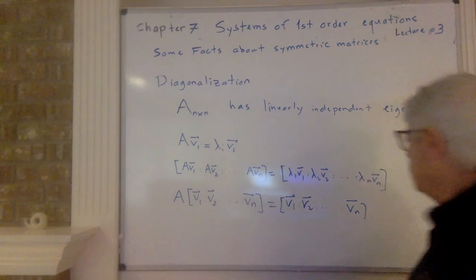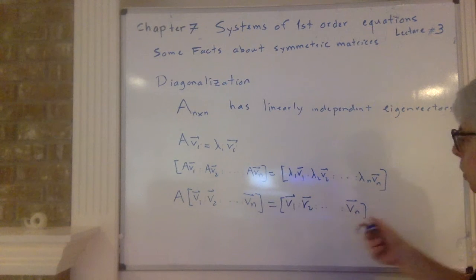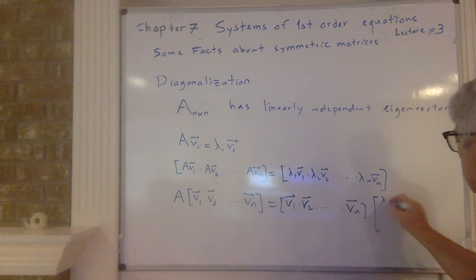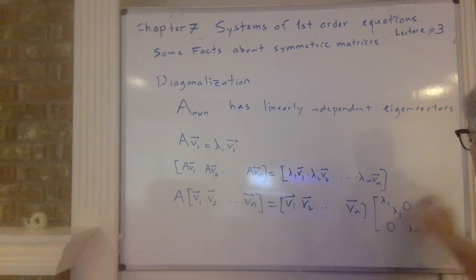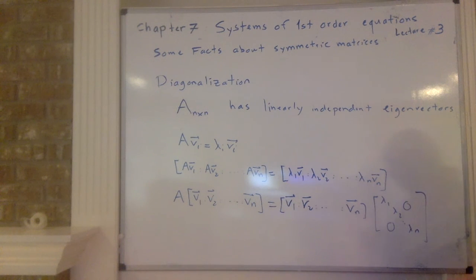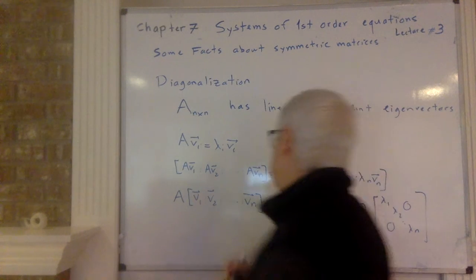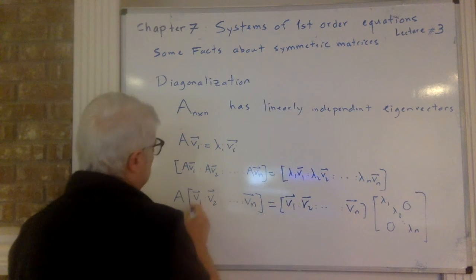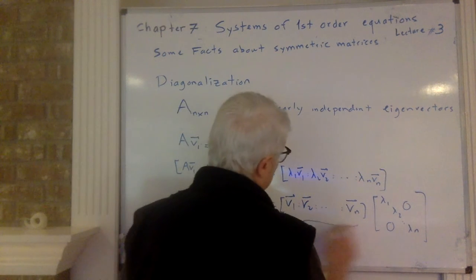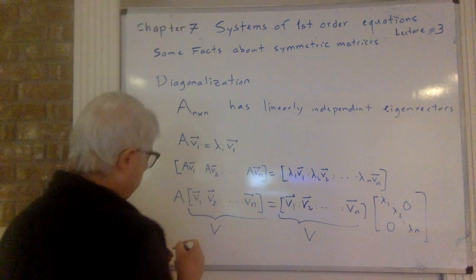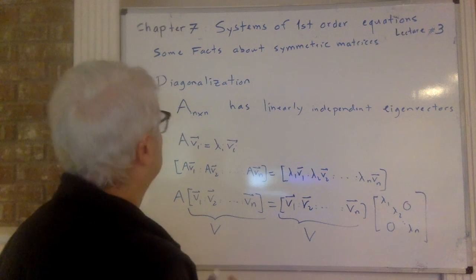Now this is not times on this side, it will be times this on this side: lambda 1, lambda 2, dot, dot, dot, lambda n, with zeros elsewhere. So it is multiplied by a diagonal matrix with lambdas on the diagonal. If I denote this matrix by V, and the diagonal matrix by D, I have come up with an interesting formula.